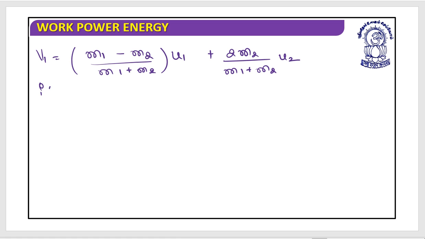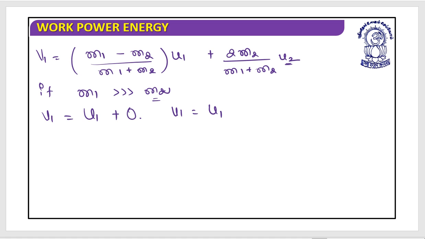If m1 is much greater than m2, I can ignore m2 because it does not have any effect. So it's m1 by m1, that is u1, plus the 2m2 term into u2, and as this was at rest, that is 0. So v1 should equal u1.